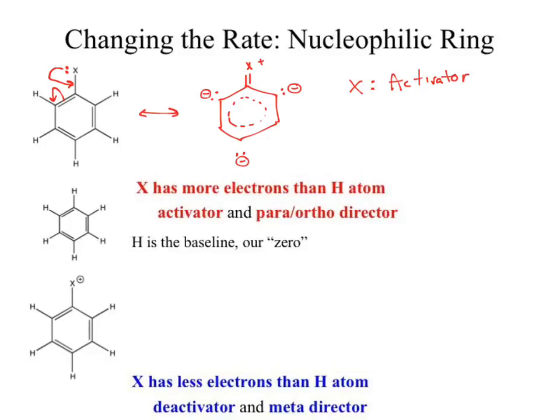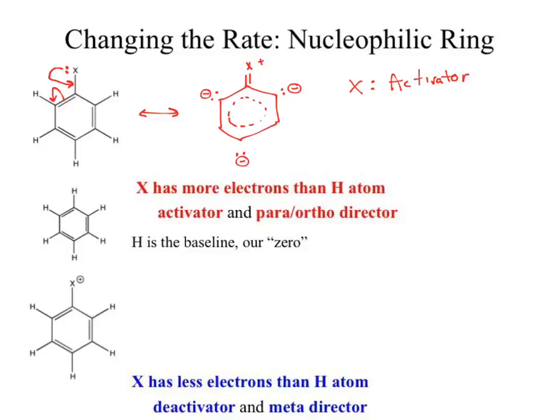Okay. Not only will we refer to it as an activator, but we're also going to look at where that species would react. Under EAS conditions, with atom X in this case, we've got negative charge at the ortho and para positions. Well, in an EAS mechanism, we need negative charge. Those positions are now more nucleophilic. We would expect the substitution from our EAS to occur at those particular positions first.